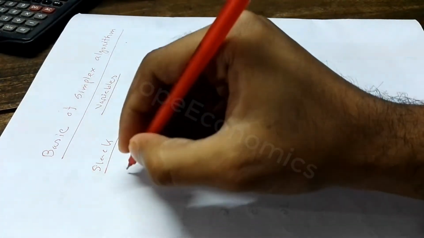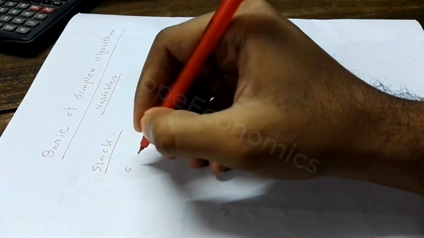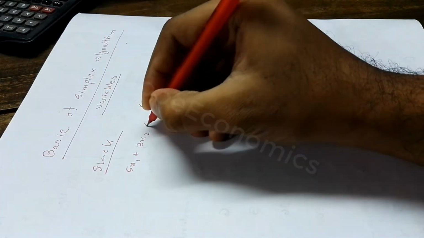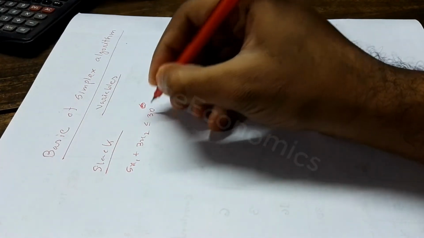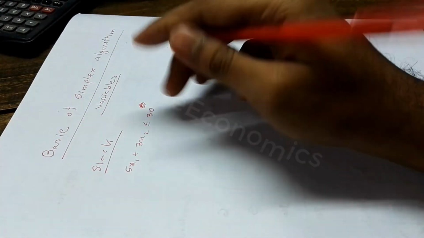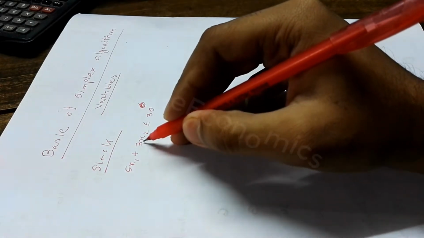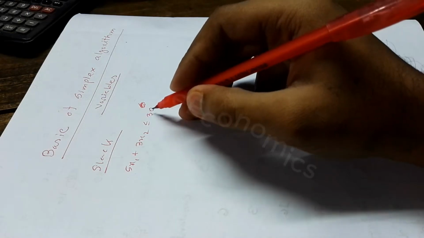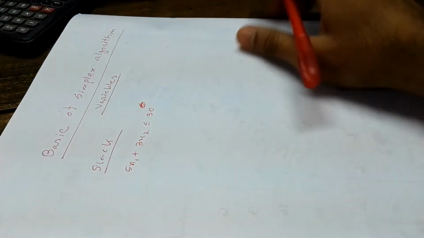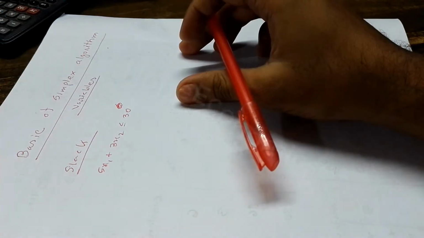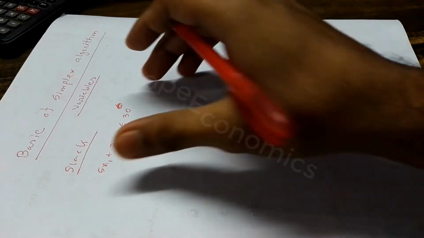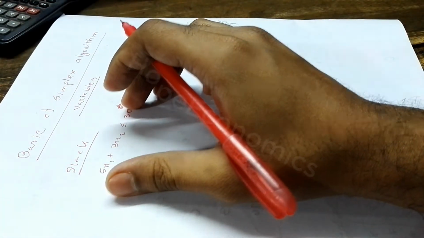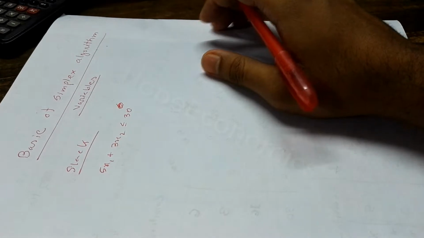If you have any inequality in your problem, like 5x1 plus 3x2 is less than or equal to 30. There are two things in this: one is the inequality, and the other is the equation. If we want to make this inequality into an equation, what do we have to do?